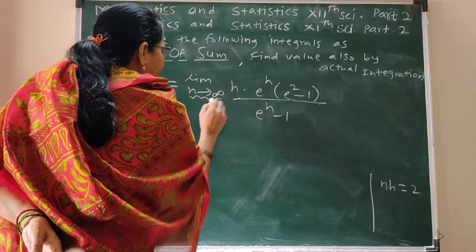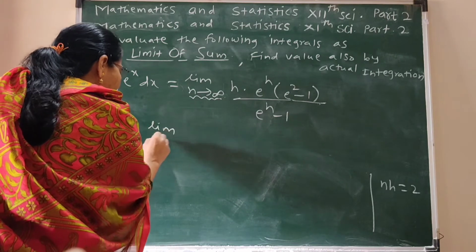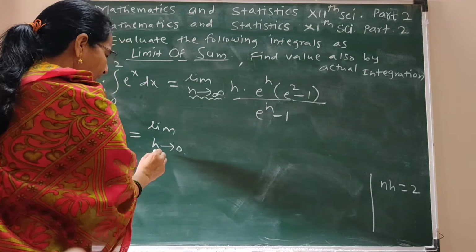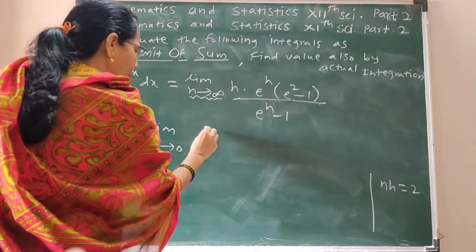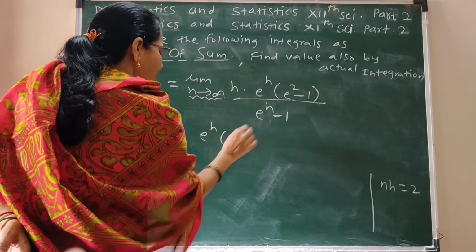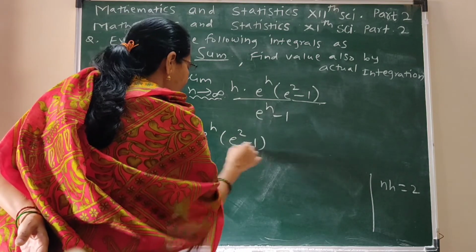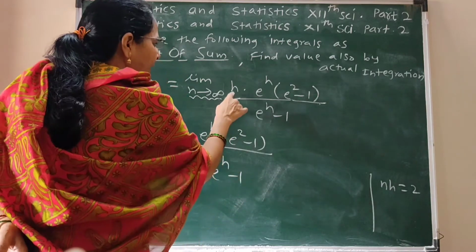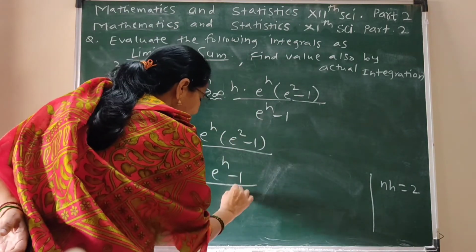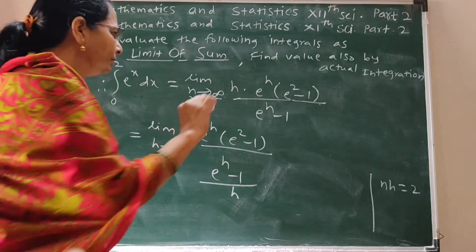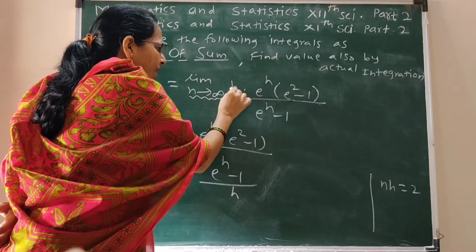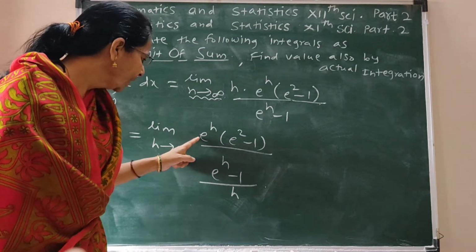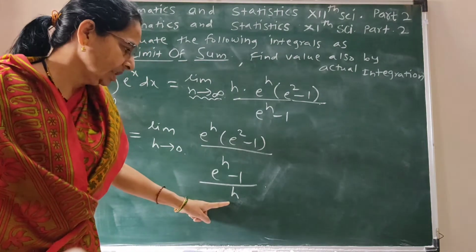This limit we also write as limit as h tends to 0, since n tends to infinity means h tends to 0. Take h to the denominator, so that we have h at the denominator of this term.